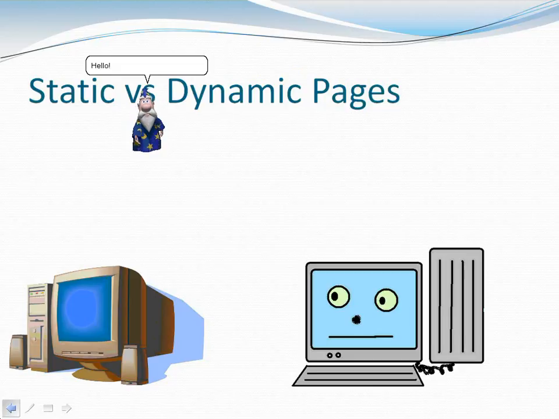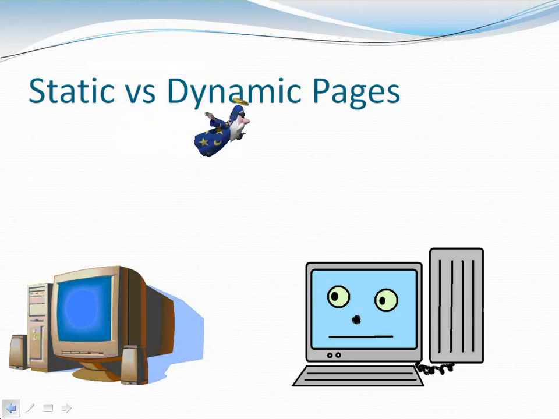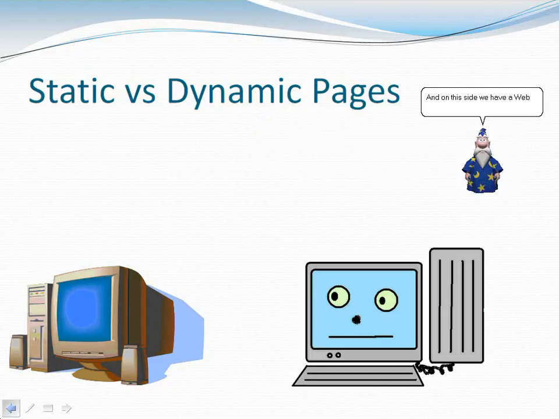Hello. Here we have a computer connected to the internet. The internet is represented by the cloud. And on this side we have a web server. Did I say web server?